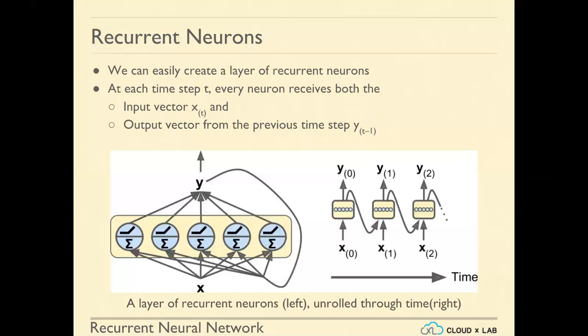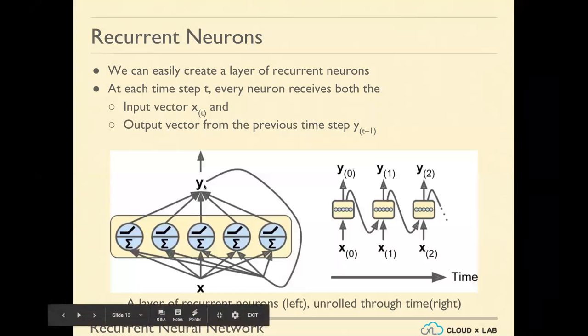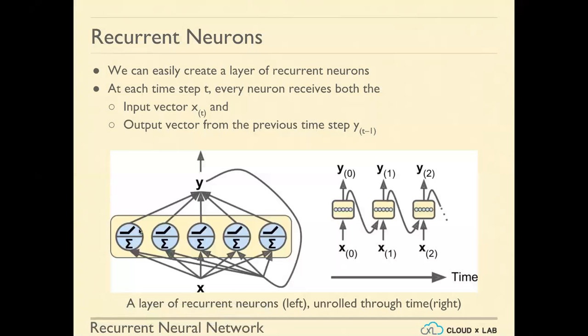We are going to compute how much error we are getting in the output compared to the actual, and then we will propagate the error, and we'll see how much is the impact by each of the weights.